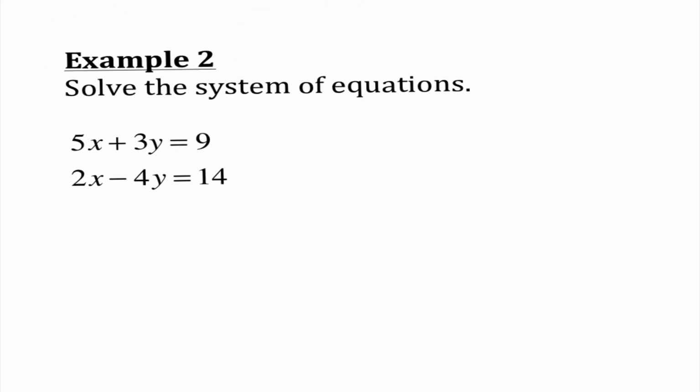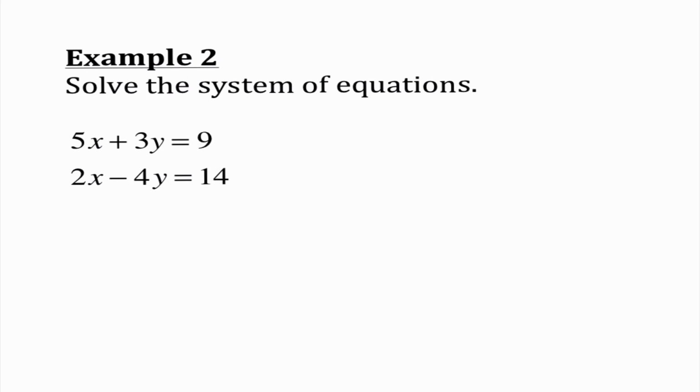This one is a little bit more difficult because we don't have things that are opposites already. And so we really have a choice here. It doesn't matter, we can either cancel out the x's or the y's. I'm going to choose to cancel out the y's here just because I already have a positive and a negative.